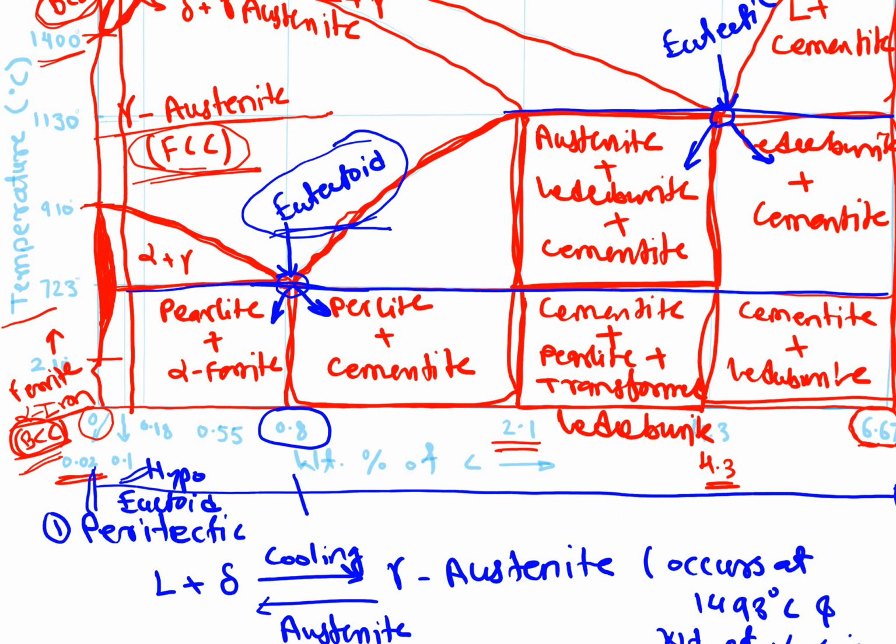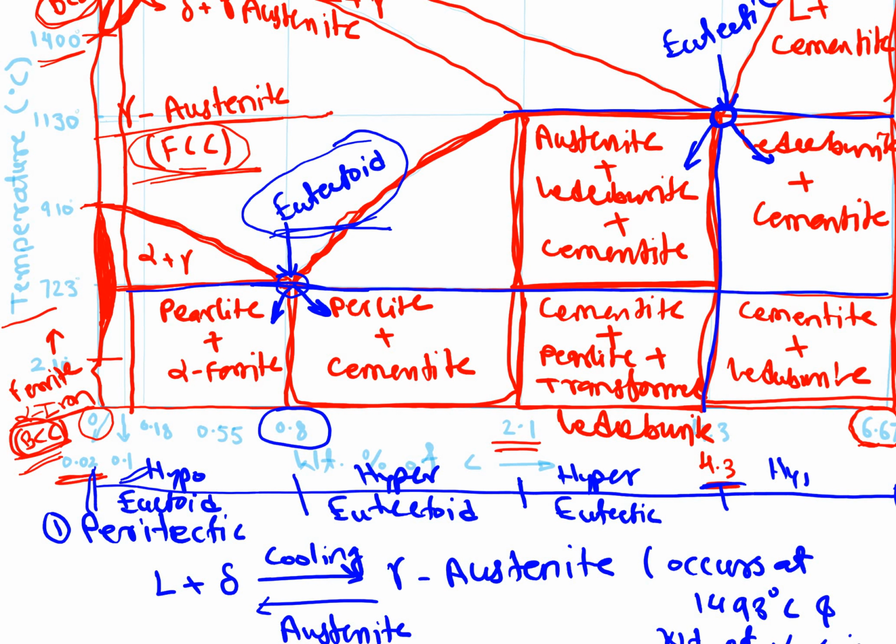And this up to this region is hypereutectoid. Here, at this point, the eutectic reaction is happening. So at 4.3 and below, from 4.3 to 2.1, hypoeutectic region.